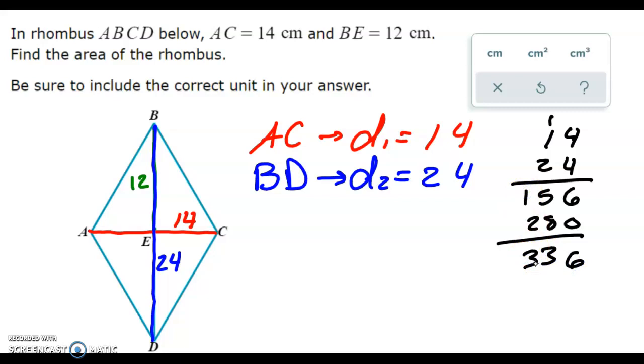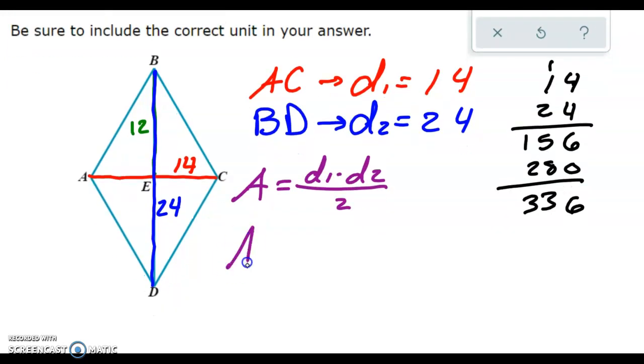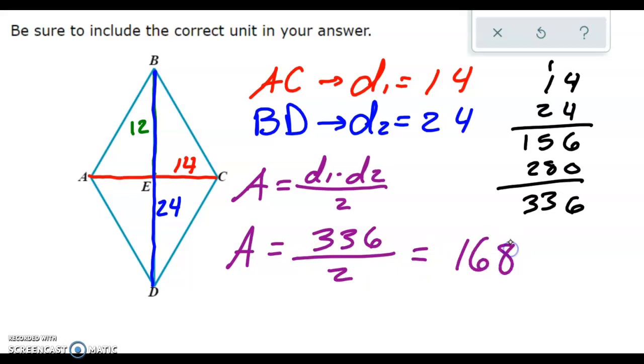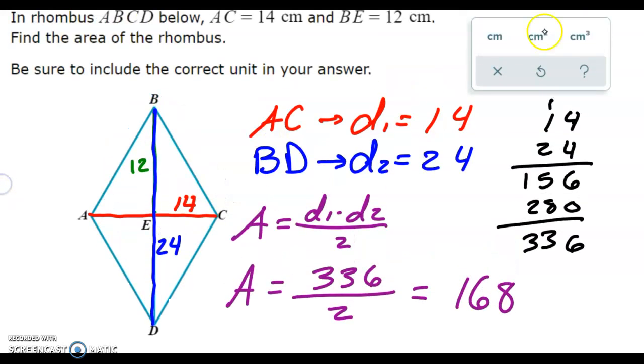Okay, so that is your two diagonals together, but remember, area equals, we can write it this way, diagonal 1 times diagonal 2 divided by 2. It's 1/2 diagonal times diagonal. So then you're going to be looking at 336 divided by 2, which is going to be 168, and in this situation, centimeters squared.